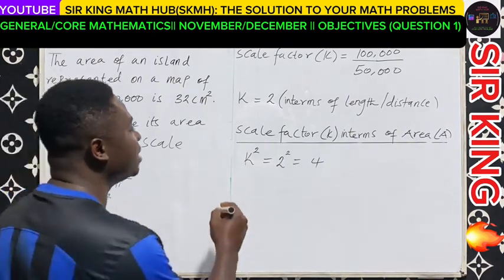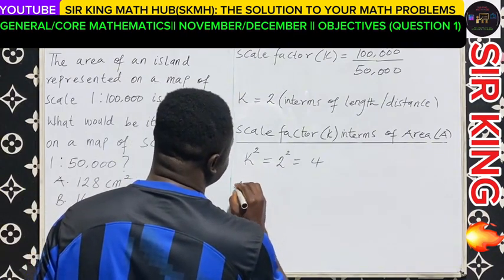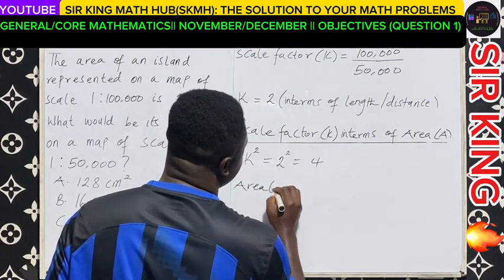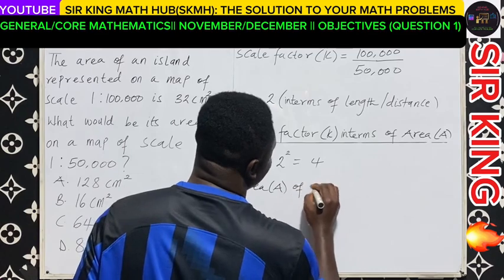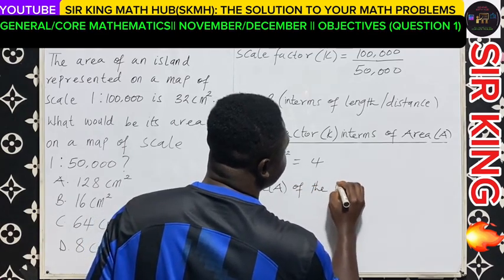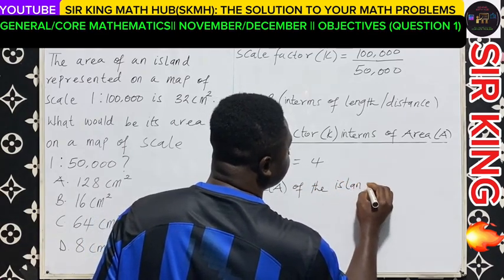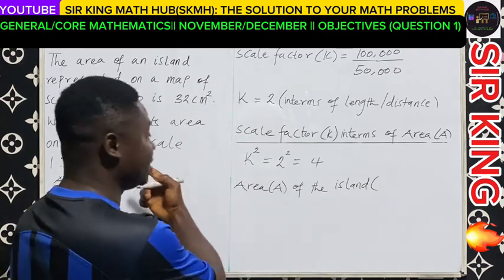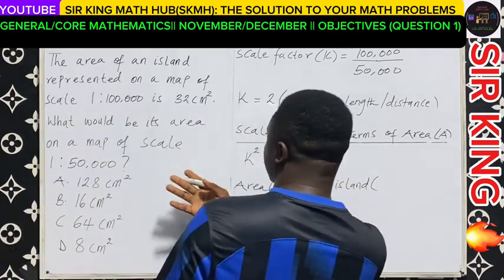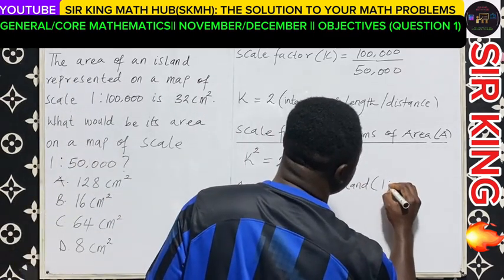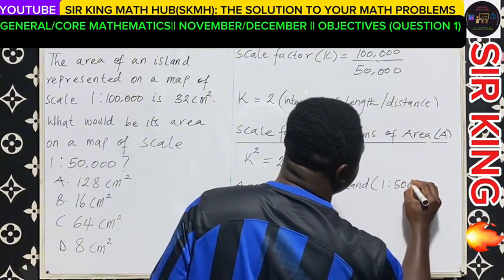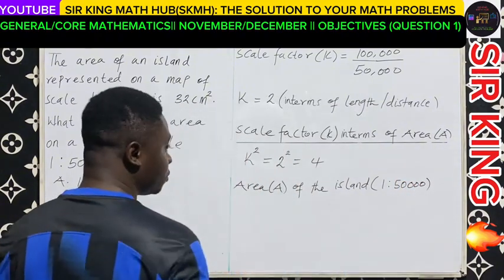So with this, let's calculate the area of the island on the second map, 1:50,000.